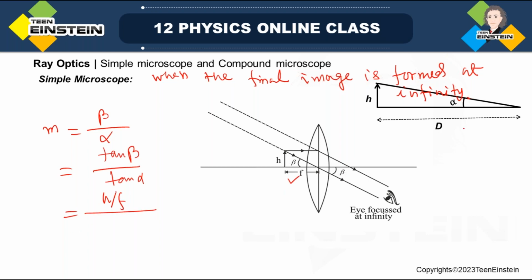And for the object, when we take the angle alpha, we always take the object at the least distance of distinct vision. So that's why I am showing you this figure here. Tan alpha is actually given by h by d. So you get d by f.